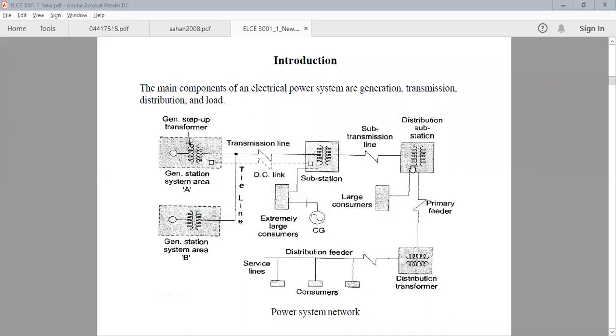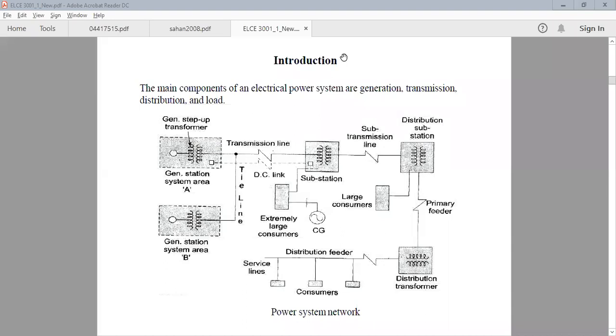And when we reduce the current, we reduce the size of the conductor material and have low heat in the transmission line. If we have low losses, this means that we have a high efficiency transmission line. In future lectures, we will discuss this in detail and in mathematical expressions. After stepping up our voltage, we will come to the transmission line.